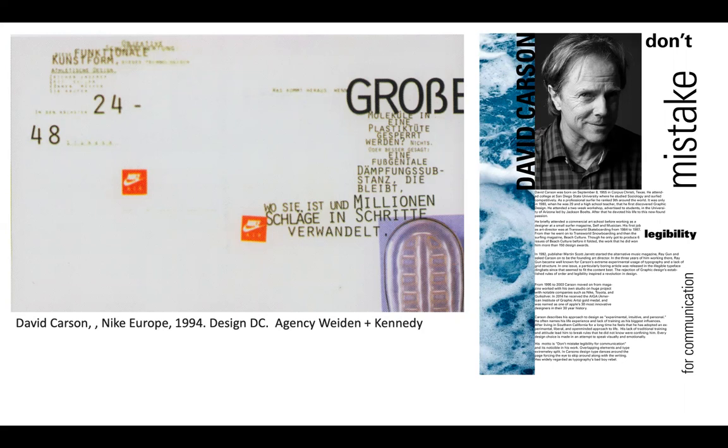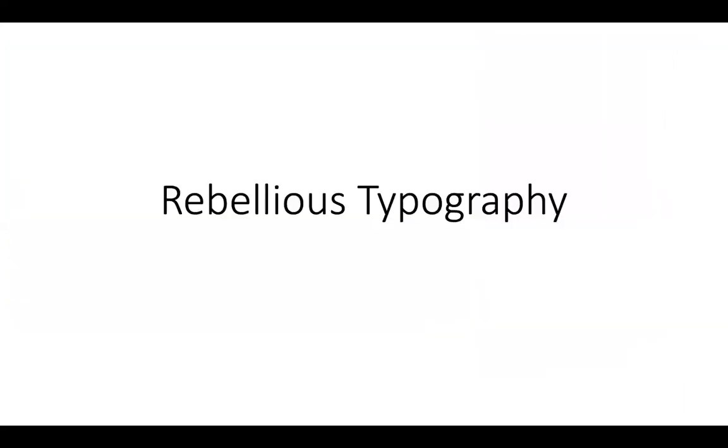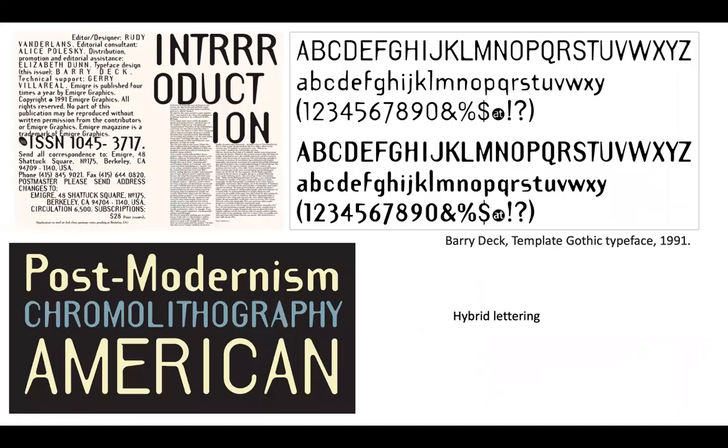Now, there were no precedents for this, not so intense. So we are leaving Carson now, and we're going to rebellious typography. Okay, one very popular new typeface that was invented was Template Gothic, and we will begin to see the word Gothic over and over again, evoked, and eventually references to black letter.